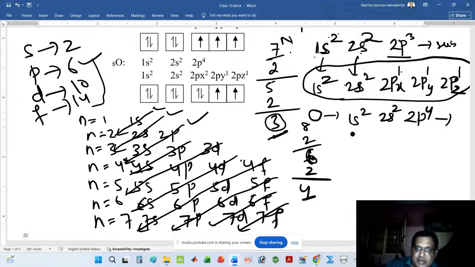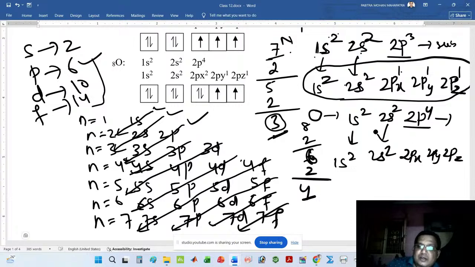Suppose I want to draw the electron configuration in terms of orbital. I can write here 1s2. Next, here I can write 2s2. Next, if I think about the 2p, then here I can write 2px, 2py, 2pz. Give one electron to each. Fifth electron goes to the 2px.